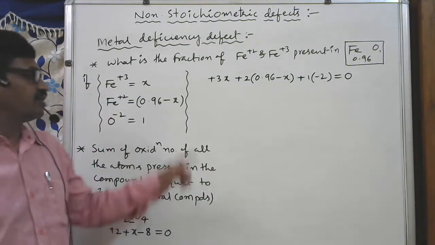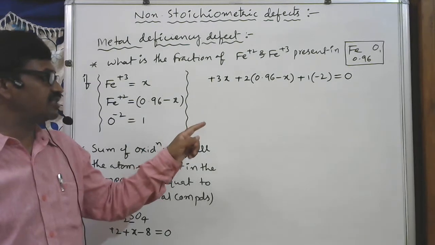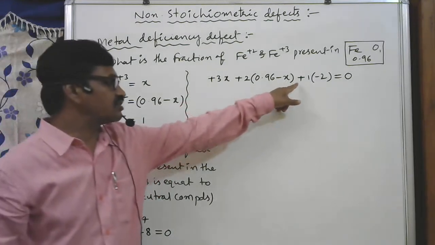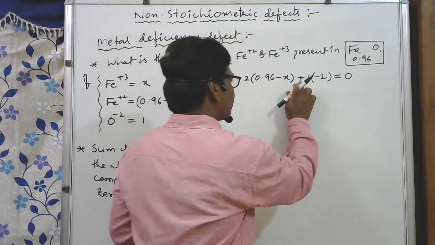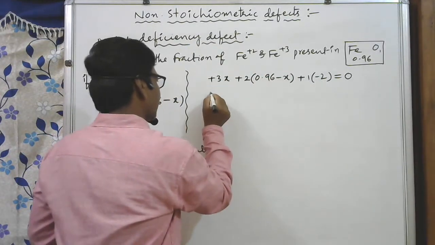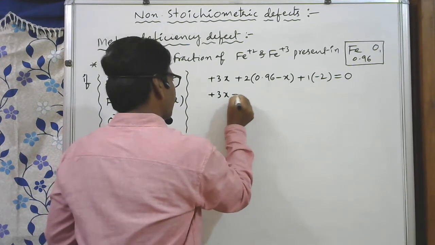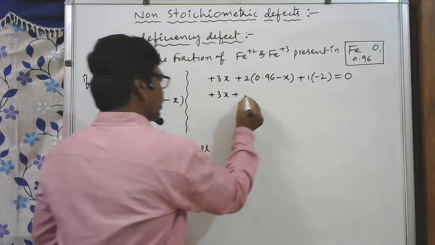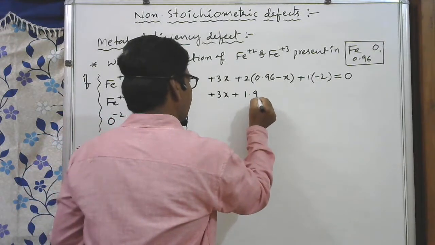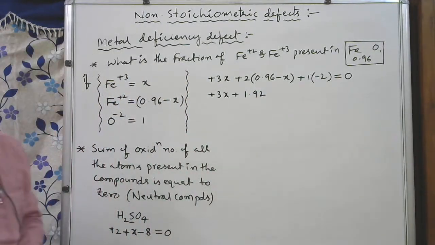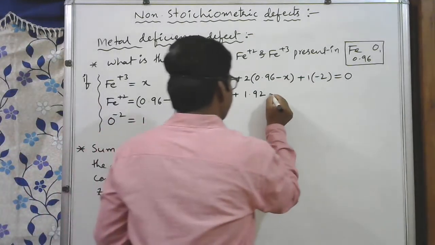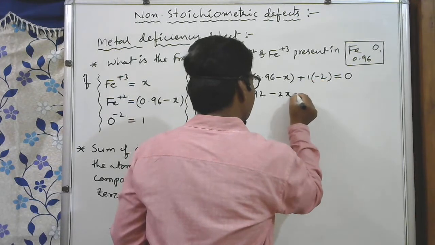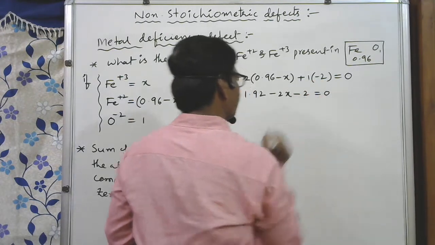Plus 3X plus 2 into 0.96 minus X, because the sum of oxidation numbers, finally plus into minus becomes minus only. So here again I am writing plus 3x plus 2 into 0.96, how much is it? 1.92, I think. 1.92 minus 2x, minus 2 equal to 0.